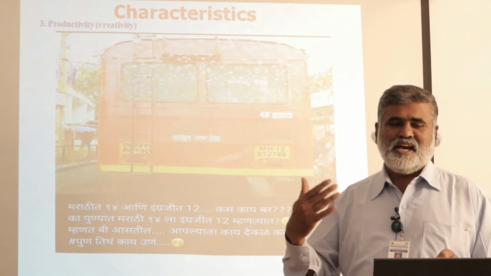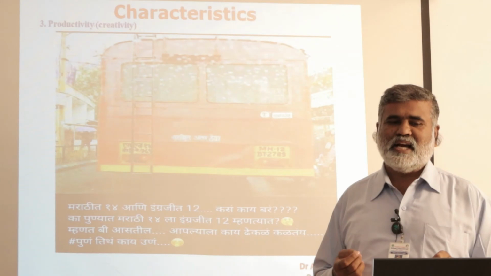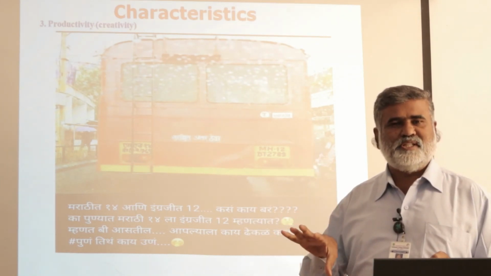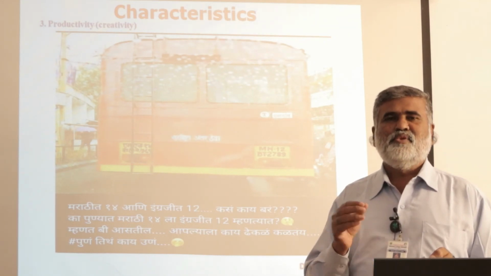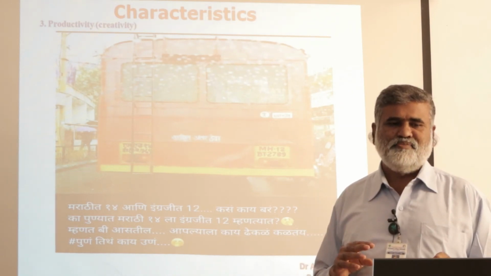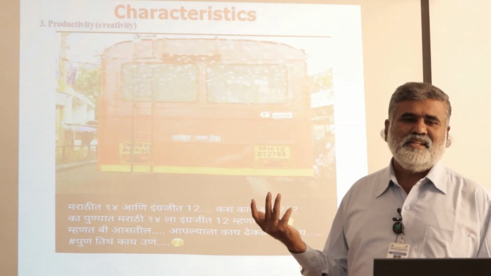And he or she also continued, म्हणत बी असतील आपल्याला काय ढेकळं कळतंय. So such new expressions we can understand very easily because we acquired the mother tongue from our situation. So such creativity anyone can create.